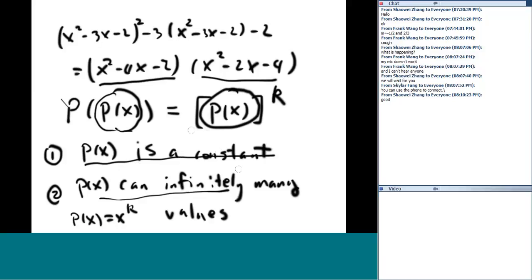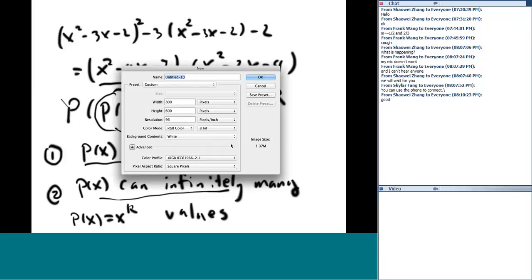So the first one is easy, constant, so C, right? You want me to figure it out? Continue? Yeah. Okay. So if P(x) is constant, P(x) equals C for some constant C. So then you have C on this end, then equal to C to the k.